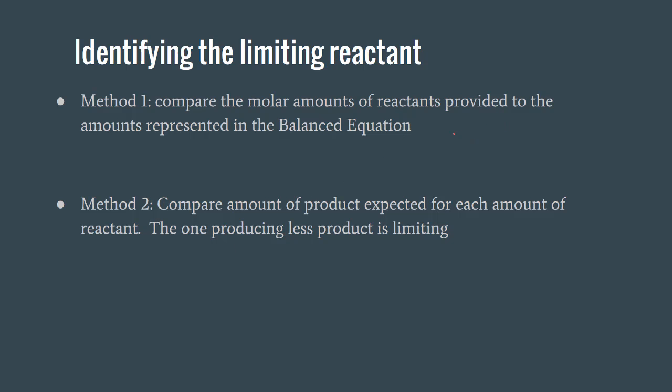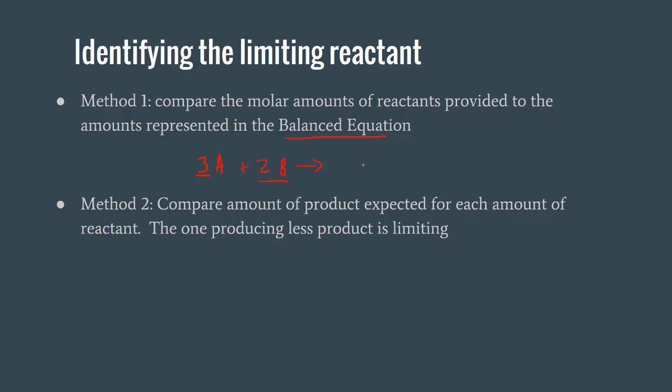So the first one is just pretty straightforward. We use a balanced chemical equation and we look at the mole ratios of the reactants. So if I'm supposed to have 3 of A plus 2 of B produces product, then I know that I need a 3:2 ratio of those two things. And if I only have like a 2:2 ratio, then I know I'd be limited by A. The other thing we can do is look to see which of these substances would produce the most product.